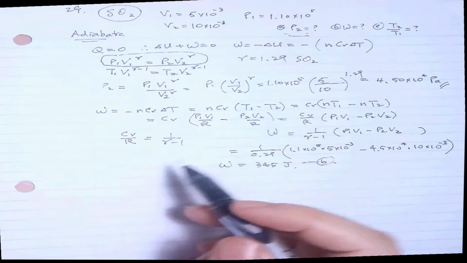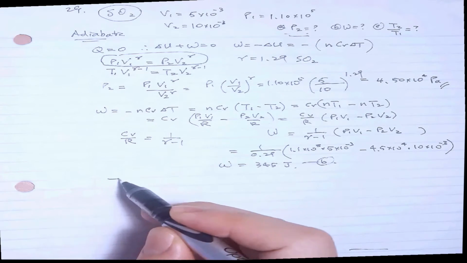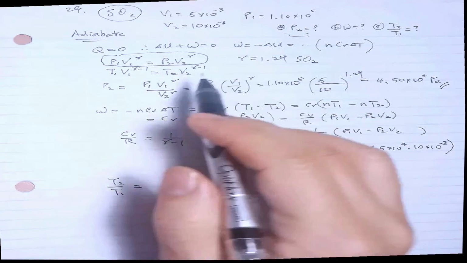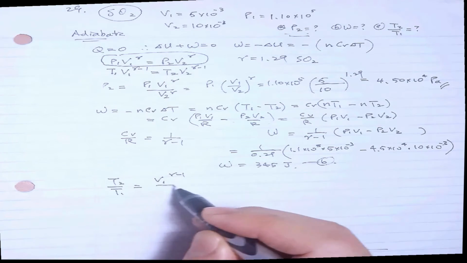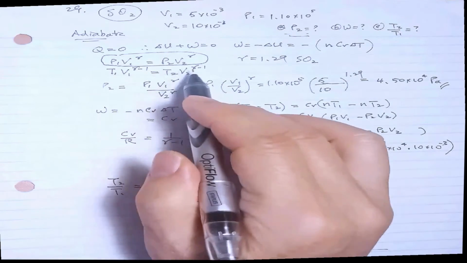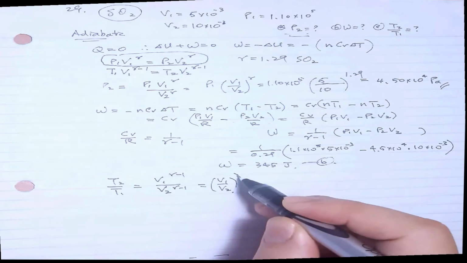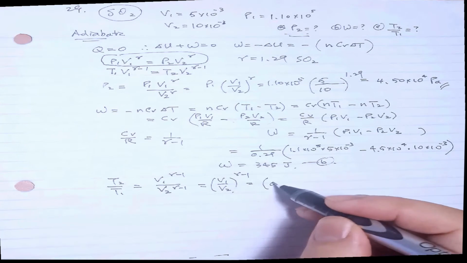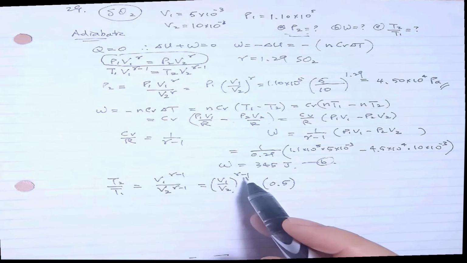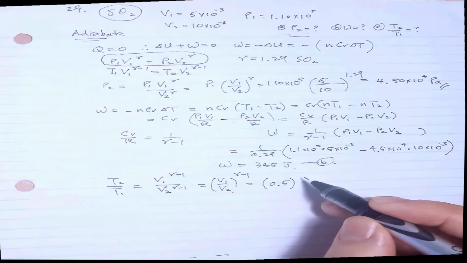Part C is what's the ratio of temperature? Well, you can get that from this formula. They want T2 over T1. So that ought to be V1 to the gamma minus 1 over V2 to the gamma minus 1, which is the same as V1 over V2 to the gamma minus 1. We already know V1 over V2 is 1/2 or 0.5, to the gamma minus 1, which is 1.29 minus 1, or 0.29.